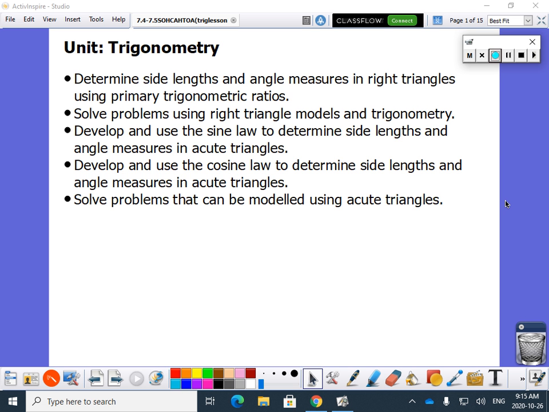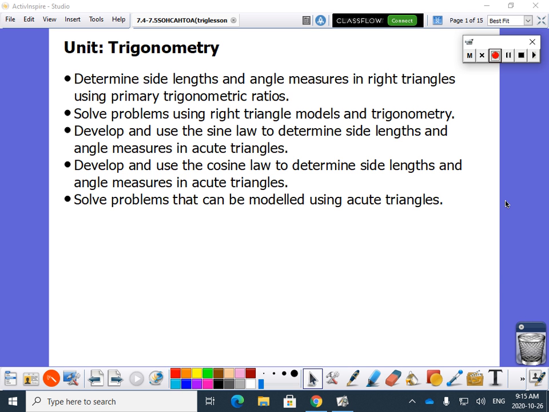So we are going to be learning new ways to determine angles and side lengths when given right triangles as well as acute triangles. Then we are going to be able to solve real-world application problems using trigonometry.